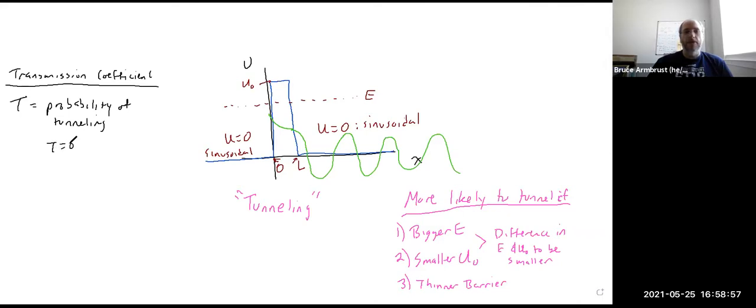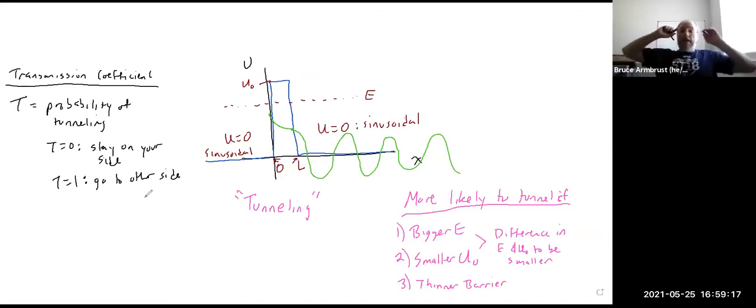T equals 0 means you stay on the side, and T equals 1 means you go to the other side. So if big T is 0, you don't make it through, ever.